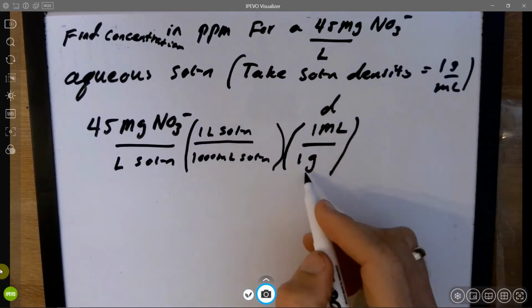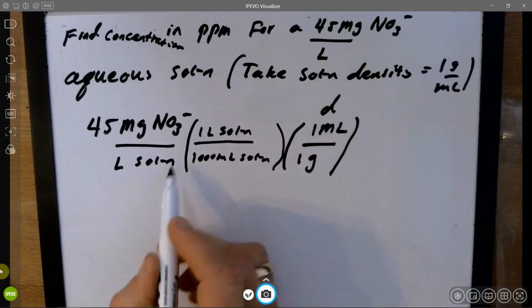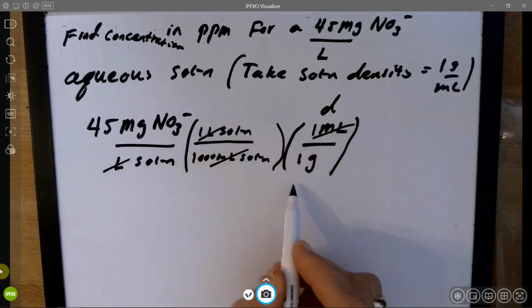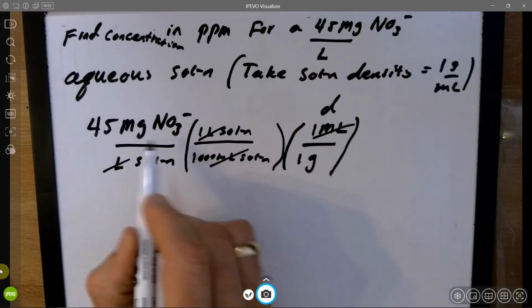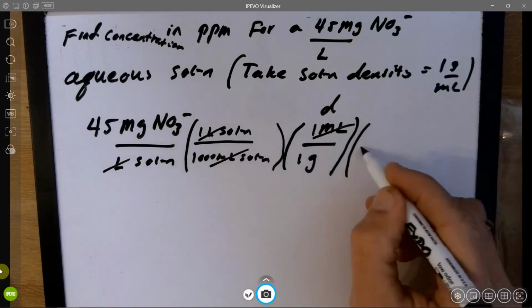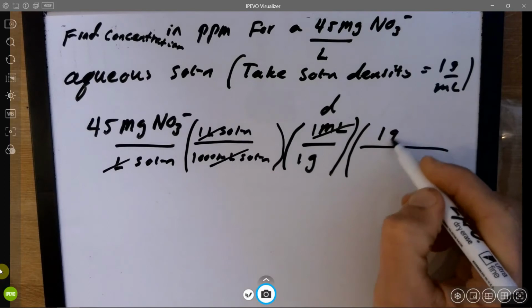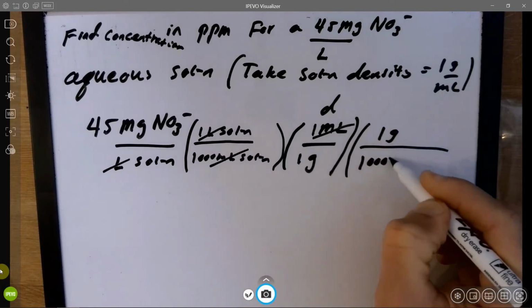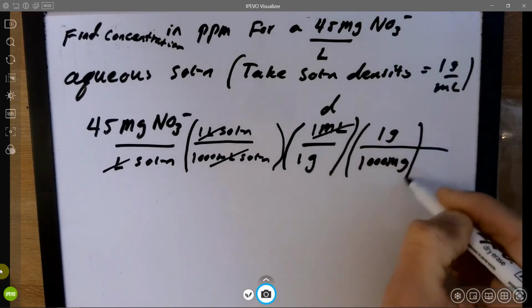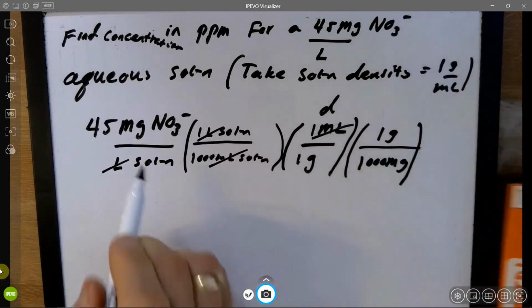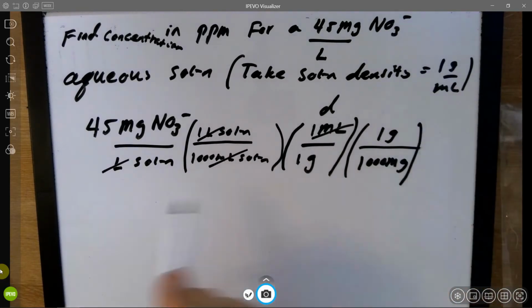Okay, now I have grams at the bottom, right? I cancel out the liters, I cancel out the milliliters, I have grams at the bottom. I want milligrams to make sure they're the same, and I know that 1 gram is 1,000 milligrams. And that will give me milligrams per milligram.